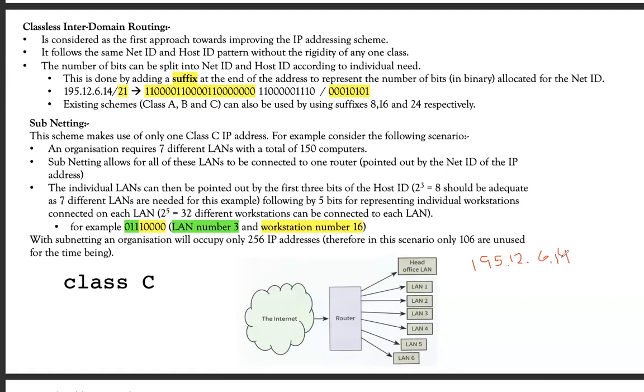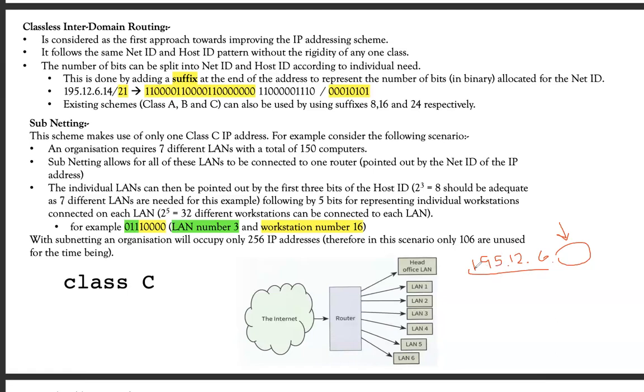So I'm going to remove this part, because the net ID portion is only the first 3 bytes. I'm going to erase this. I don't need this. So I just occupied one class C net ID, and the remaining portion will be my host ID, as the class C configuration states. The remaining 8 bits will be the host ID, and I just take up one class C net ID.